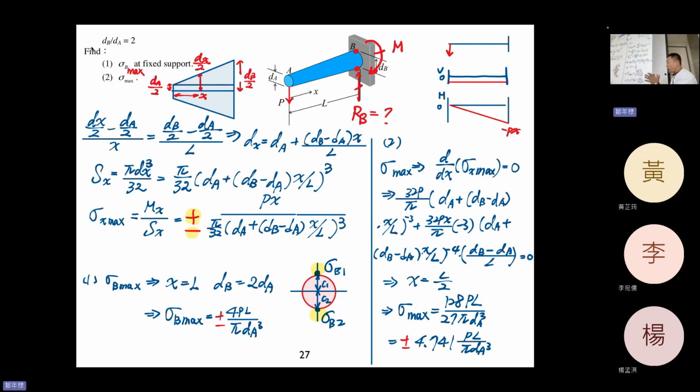Okay, now the next one will examine things even further. We are now discussing the moment, right? And we talked about the normal stress caused by the moment, which compresses the beam and tensions the beam. Now, how about shear? You see the moment diagram, you use that. How about the shear diagram? Next, I will let you know how we use the shear diagram to determine the shear in the beam.